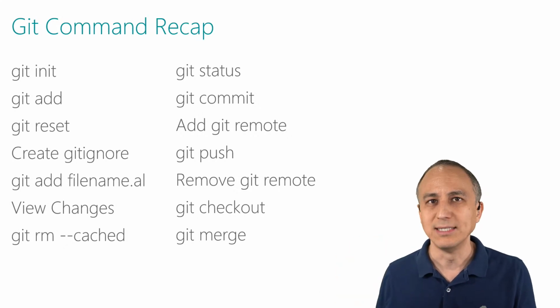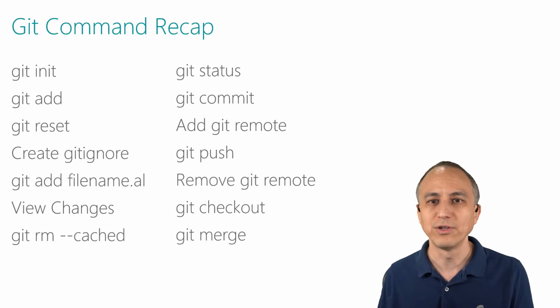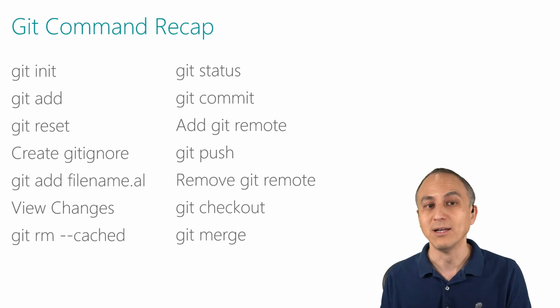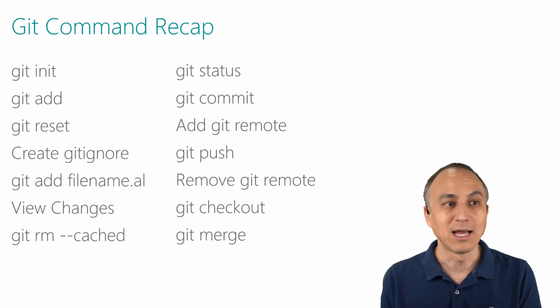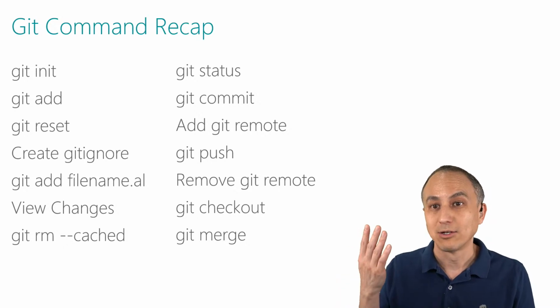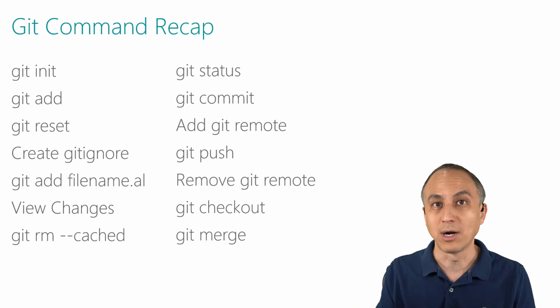So that was a dizzying array of commands, and that is probably further evidence as to why I shall not be doing this via command line often. But it was a good exercise to kind of play with these. So I recommend it. I recommend creating just a new Visual Studio Code, a new AL project.